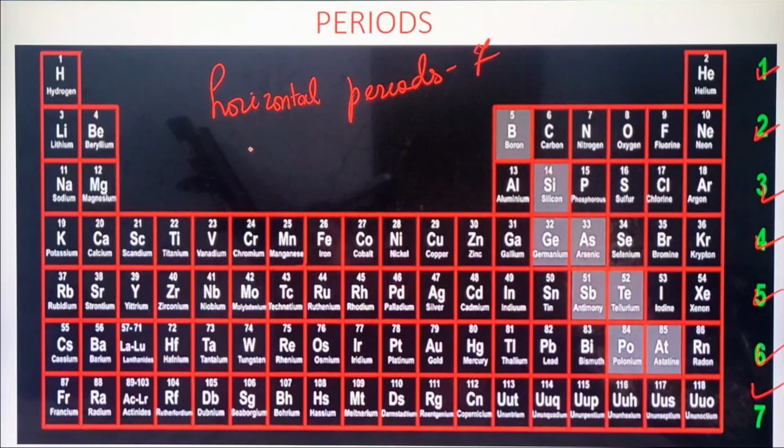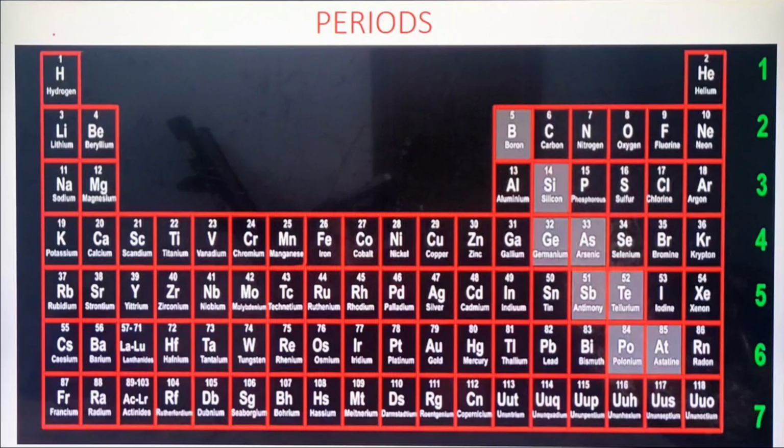We also know that the vertical lines, the straight lines in the periodic table, are called groups. Let's start counting how many groups there are. Group means the vertical lines. So, let's start counting the groups: 1, 2, 3, 4, 5, 6, 7, 8, 9, 10, 11, 12.